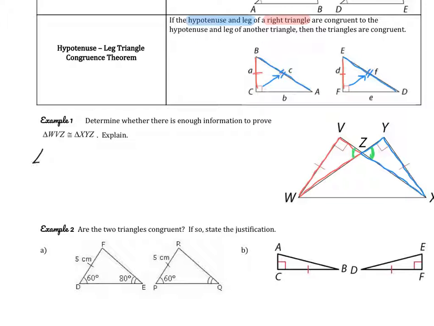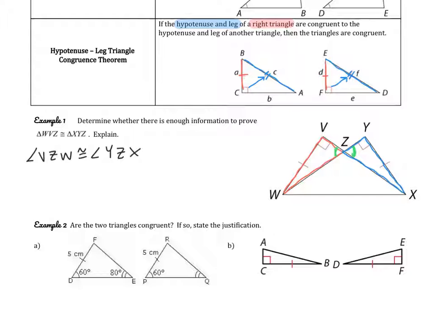Again, we see that angle VZW is congruent to angle YZX, so one in the corner. And again, this is because they are vertical angles. I see that angle V is congruent to angle W, and that was just given.